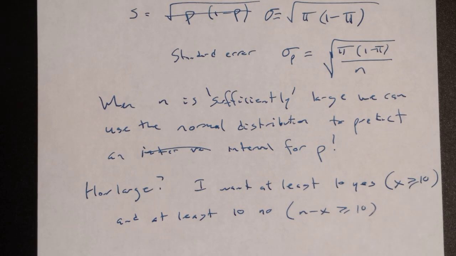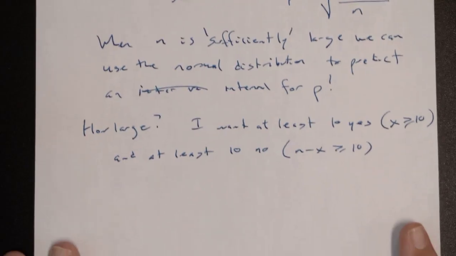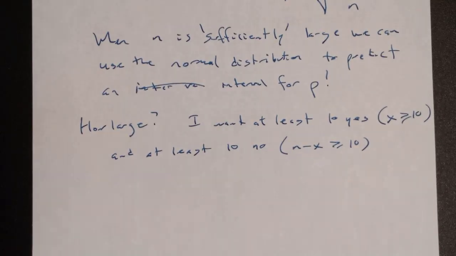And if x is the number of yeses, then n minus x is the number of nos. So if I have a 50-50 chance, then I would expect to get 10 yeses and 10 nos in 20 people, right?